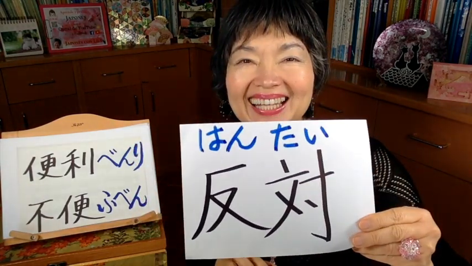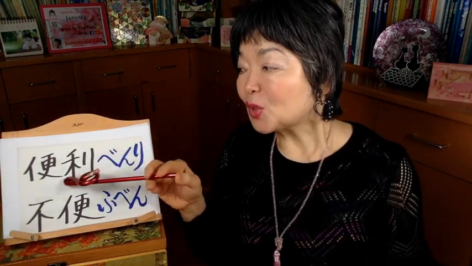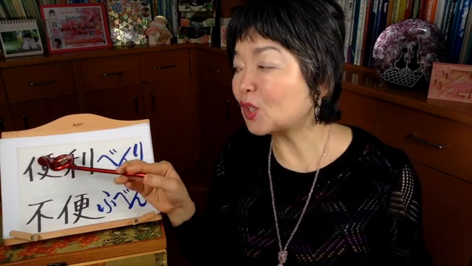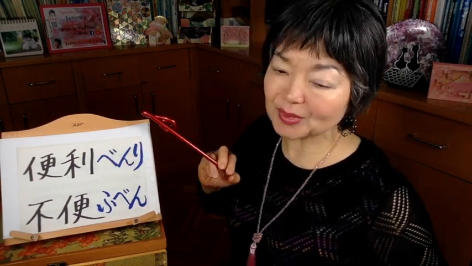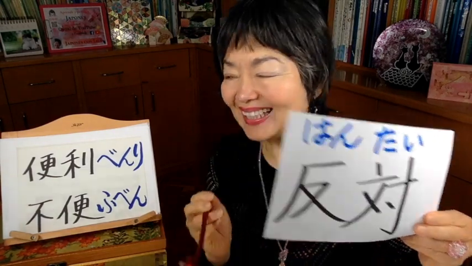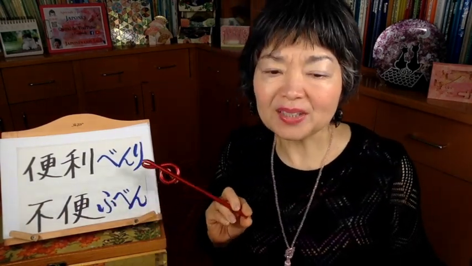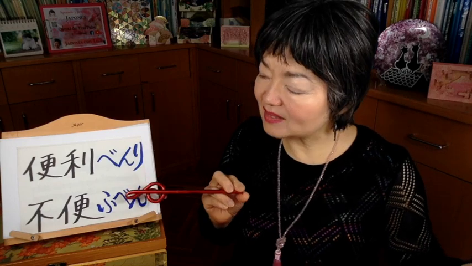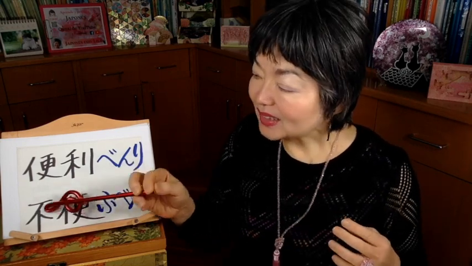便利 and 反対, 不便. 便利 means convenient, helpful, practical, so useful. This is a positive meaning. Functional, practical, convenient, 便利. And the contrary, 反対, is 不便, inconvenient, not convenient.